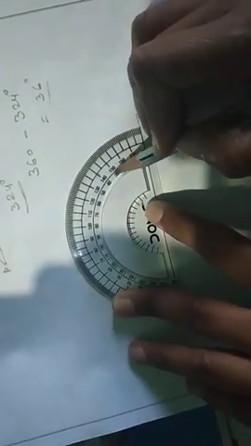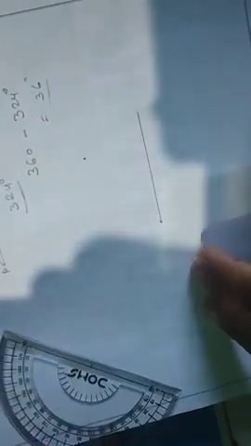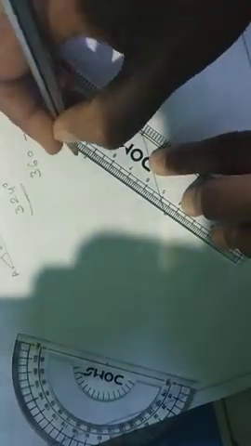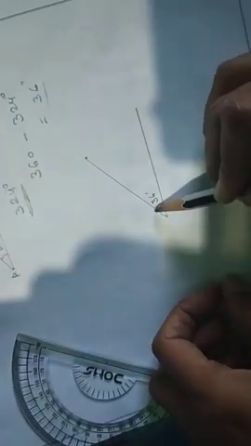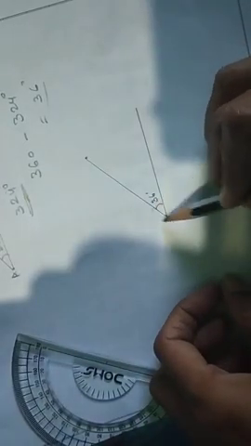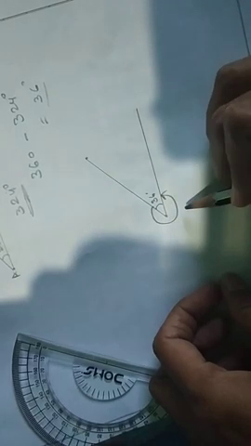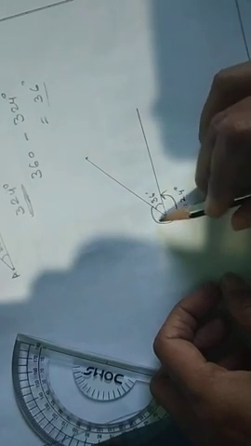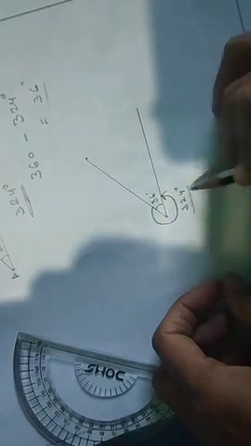This is 30, after this 35, and after this you take 1 point, that is 36. This is 36 degree, but we have to draw 324 degree. So the reflex angle of 36 degree is equal to what? 324 degree. This outer angle, exterior one, that is equal to 324 degree.